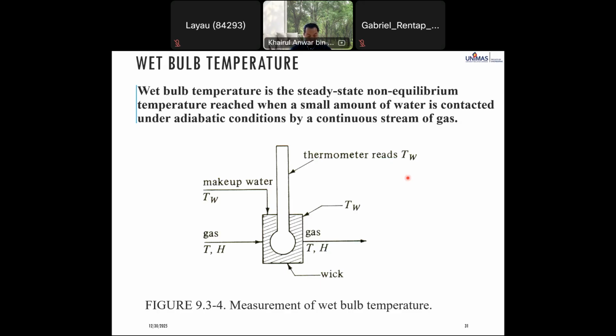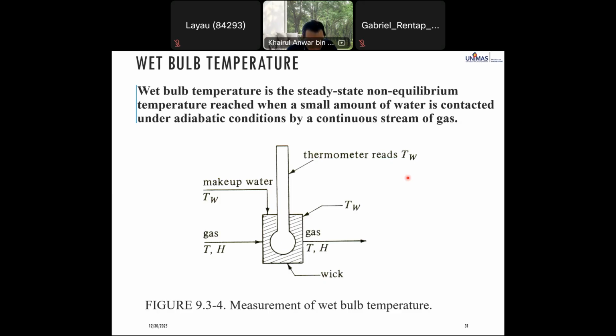The wick and water are cooled to TW and stay at this constant temperature. The latent heat of evaporation is exactly balanced by the convective heat flowing from the gas stream at T to the wick at lower temperature TW.